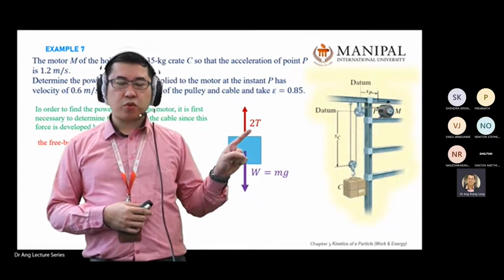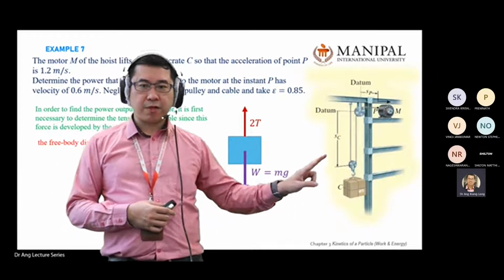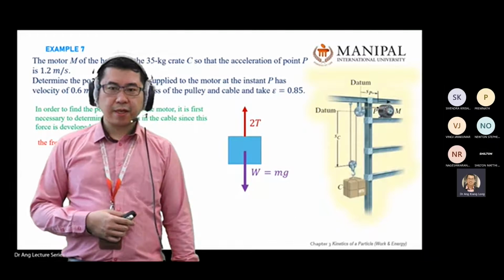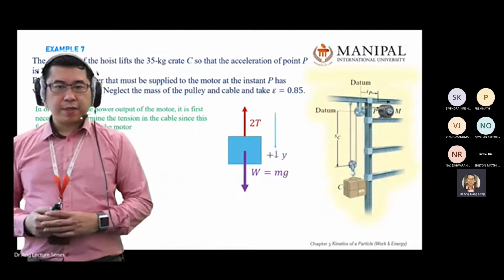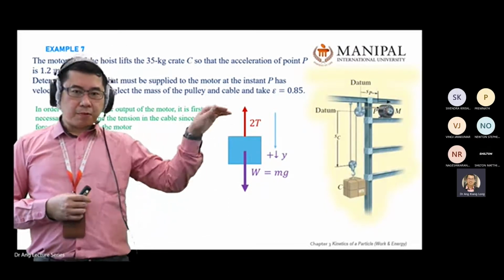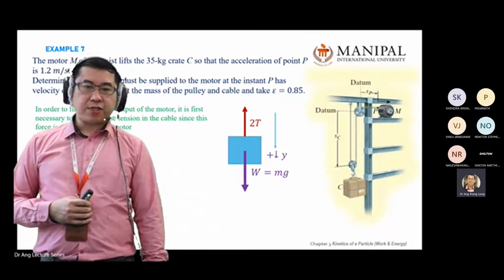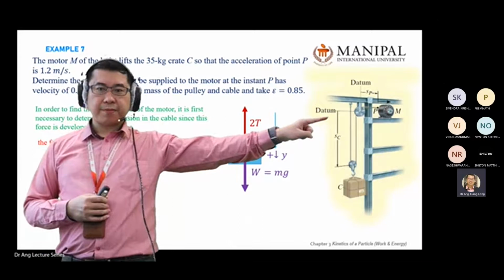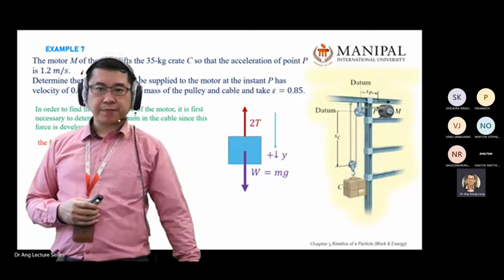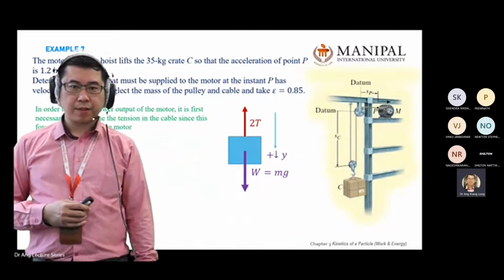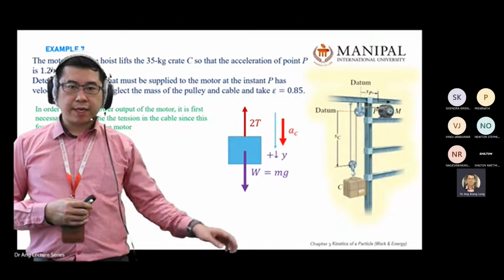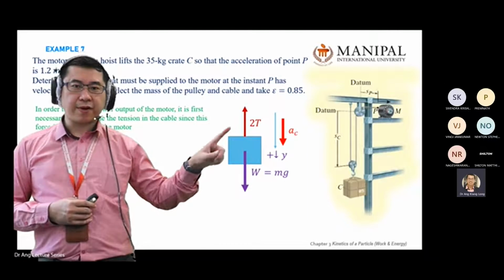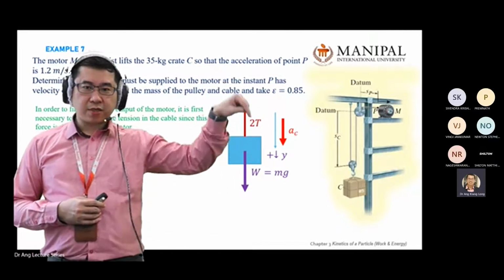So you have 2T, meaning 2 tension cables pulling this pulley here. Then I mark my reference datum. Going down is positive from my datum. Going down is positive. And I combine my free body diagram with the kinematics diagram with acceleration going down positive.